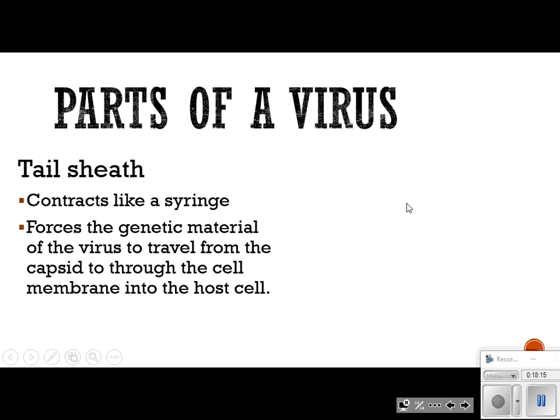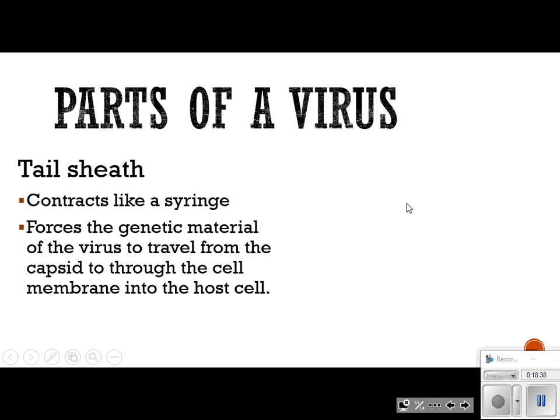So you'll understand that whole process of the tail sheath tomorrow a little bit better, because I'm going to show you the whole idea of the virus connecting to a host cell and the whole life cycle that happens with that. But that's tomorrow.